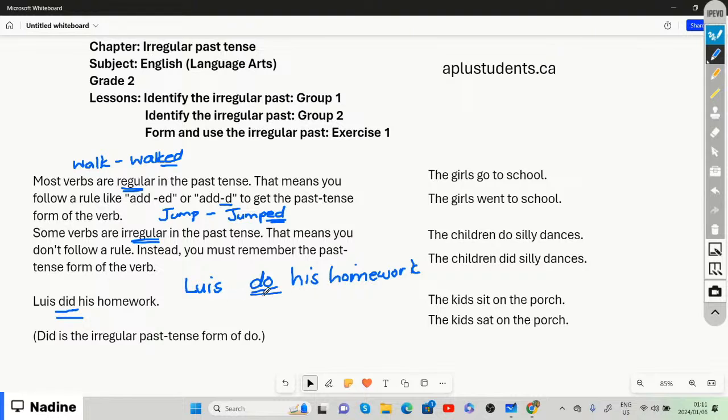So he does his homework, or he's doing his homework. But the past tense of do is did. And as you can see, the wording has changed from do to did.